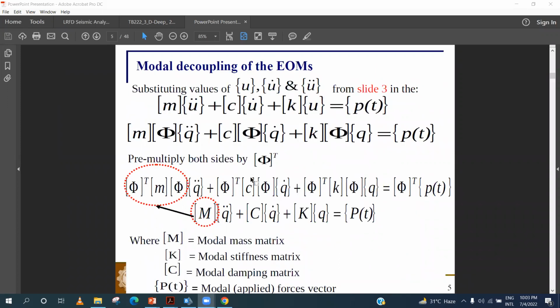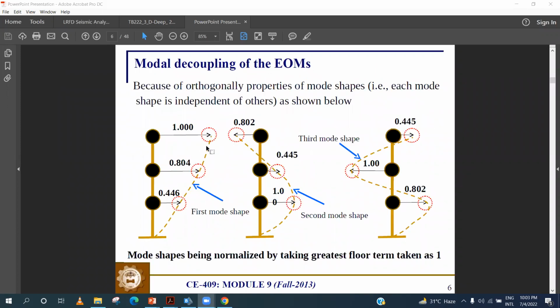So these are the different modes. For example, if you excite a structure which has these multiple modes, it can vibrate in this configuration. It can also vibrate in this configuration, and it can also vibrate in this configuration. So which mode contributes more to the total load?